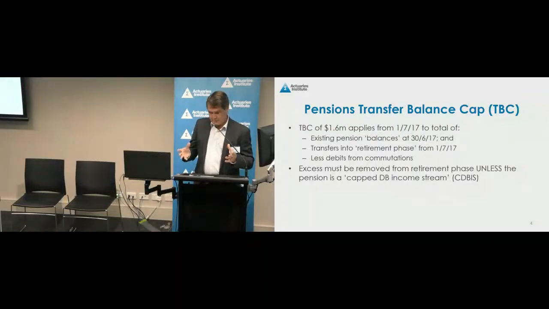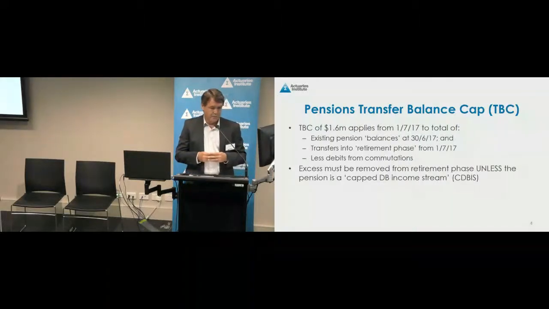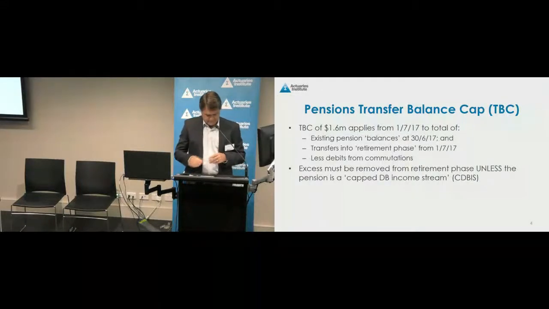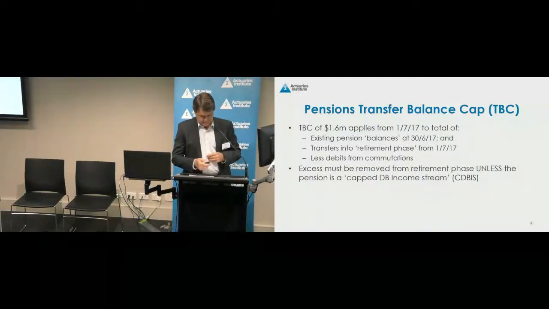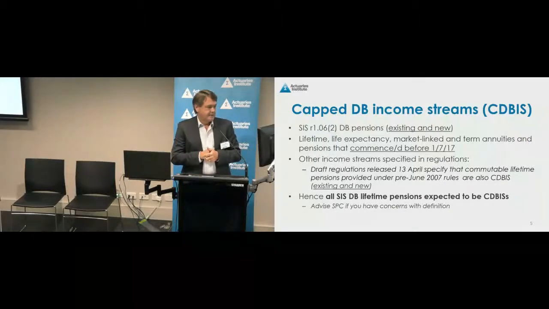Now, what we're going to focus on today a fair bit is that there is an exemption from that requirement for what's referred to as a capped DB income stream. So a defined benefit lifetime pension, or some other types that I'll talk about in a second. So what's a capped DB income stream?